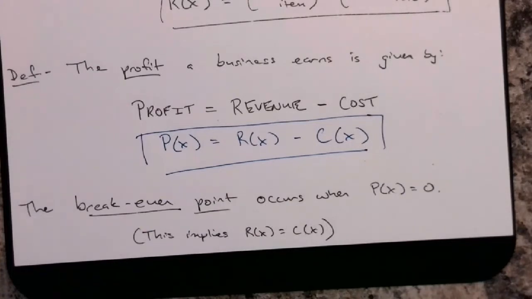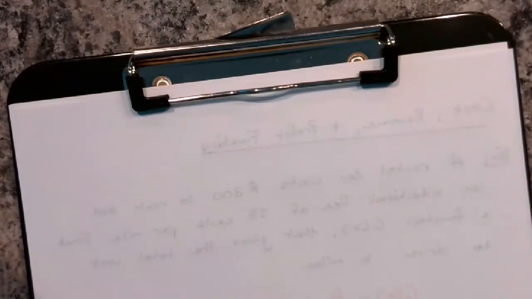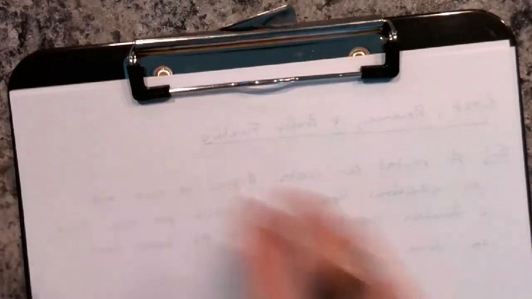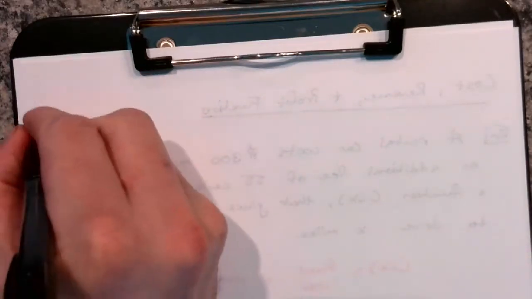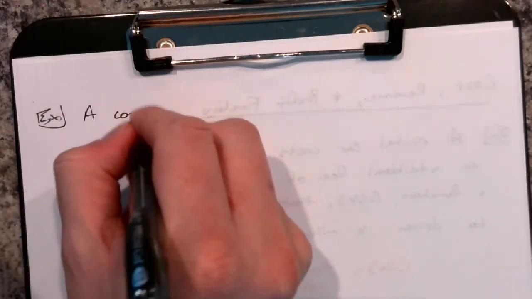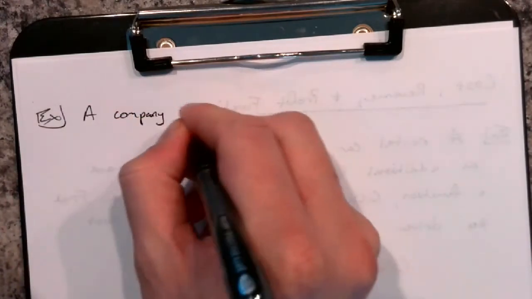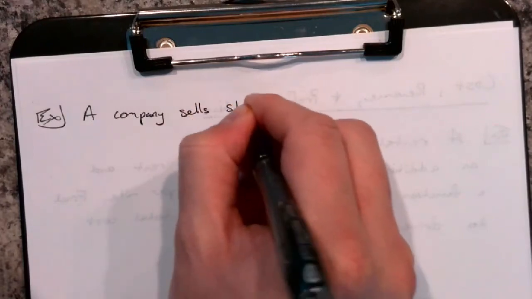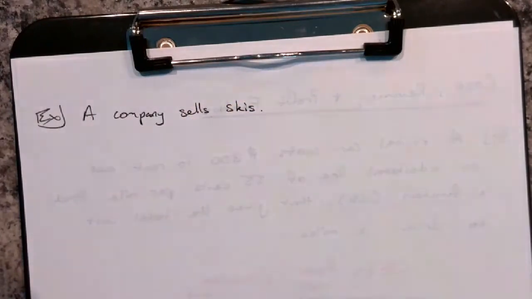So let's take a look at an example here, just using all of this. In this example, a company sells skis.